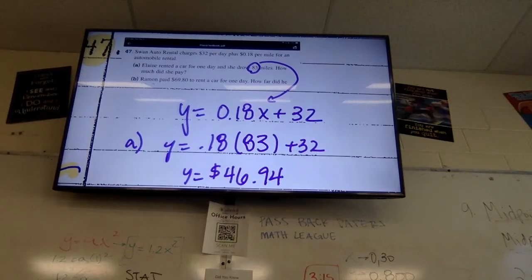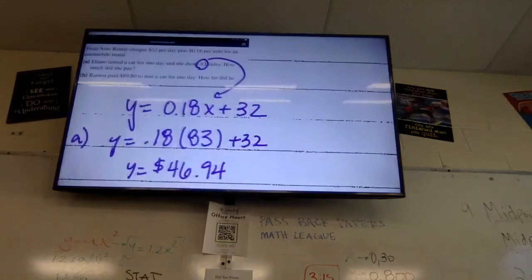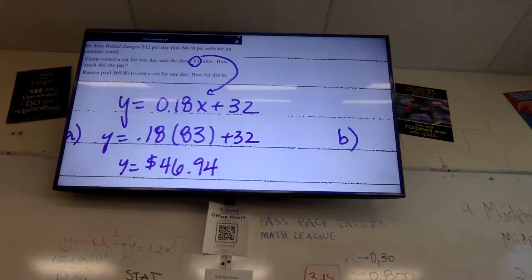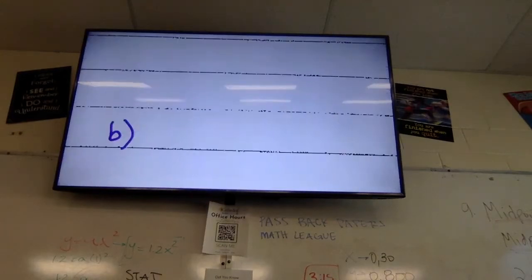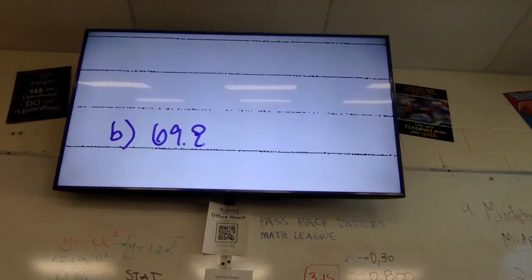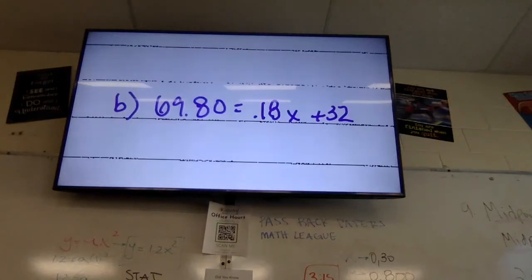All right. The second part says Ramon pays $69.80 to rent a car for one day. How far did he drive? What do I do with that $69.80? Ava, finish the problem. So you want to put that in for y, and so you subtract 32 from 69.80, and then divide that by 0.18.